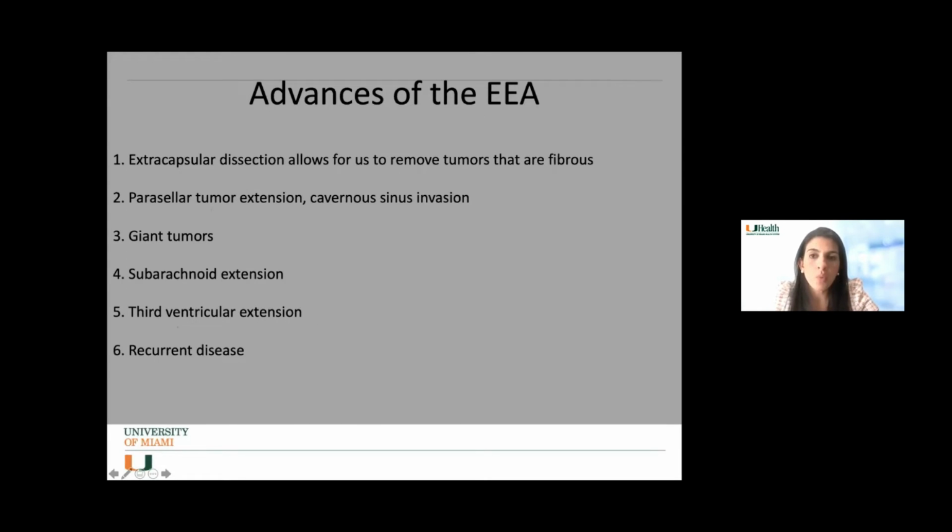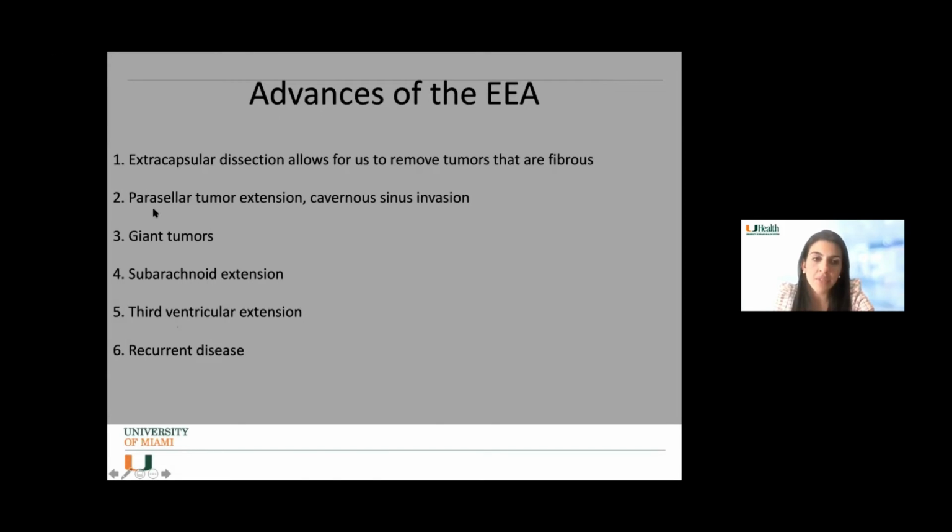Okay. So we're going to talk briefly about each of these situations where the advances in the endoscopic endonasal approach actually give us a lot of benefit. Through extracapsular dissection, that's really going to allow us to get around tumors nicely and try to preserve the function of the normal pituitary gland as much as possible.